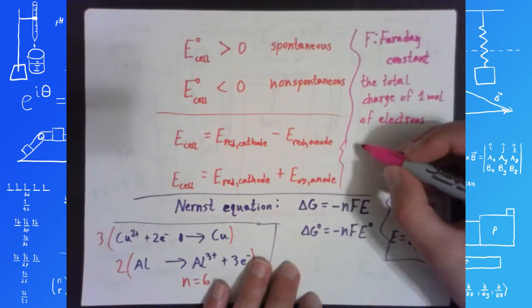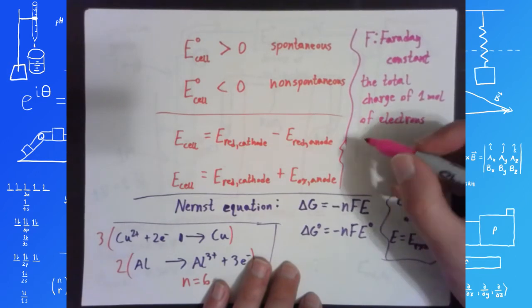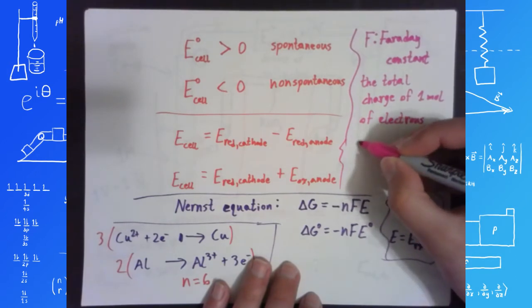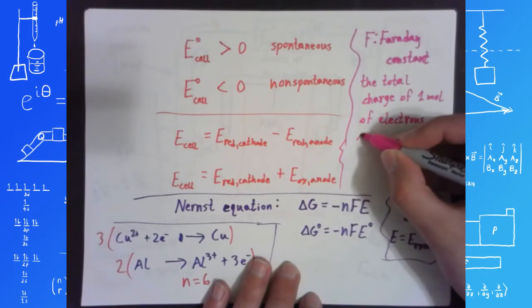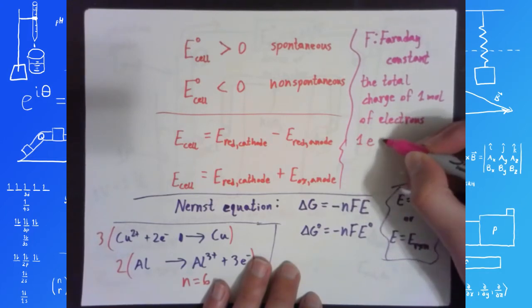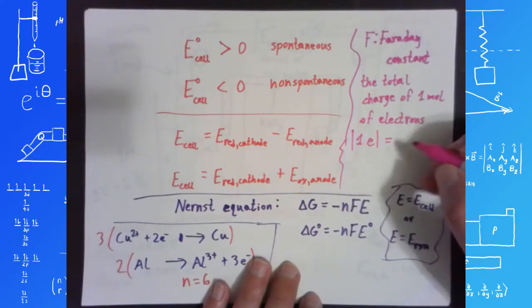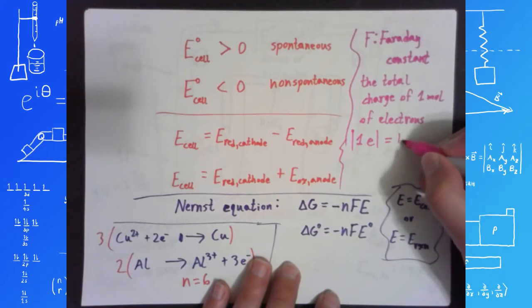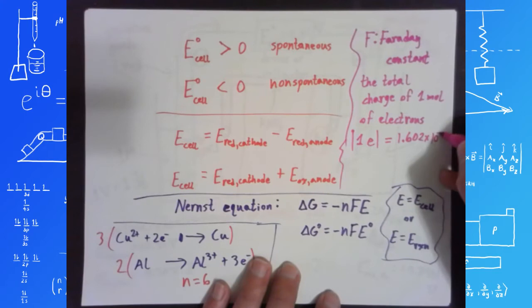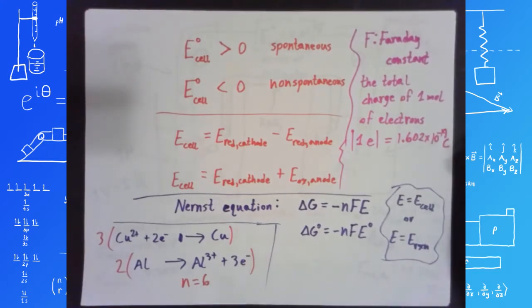So the absolute value of the charge of an electron, the elementary charge, is equal to 1.602 times 10 to the negative 19 coulombs of charge.